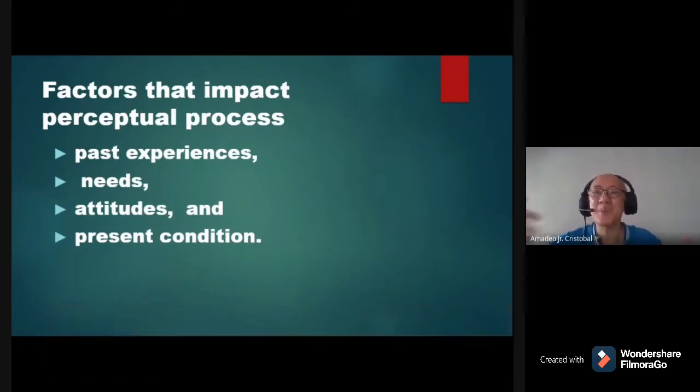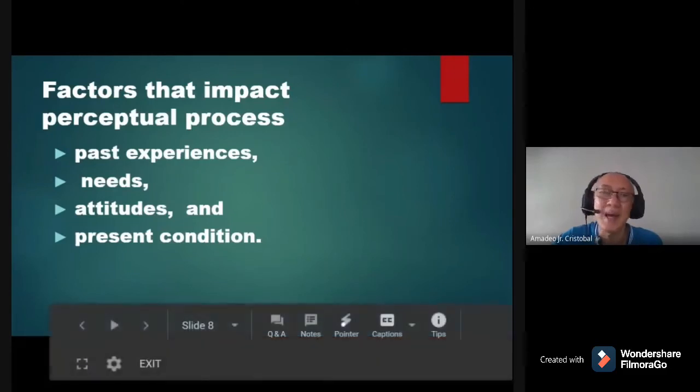The past experiences of an individual have something to do with what they will be seeing or receiving from the teacher or from the environment. Those people who have already experienced what the teacher is teaching will gain different learning from those students who have just heard the new lesson being taught by the teacher.